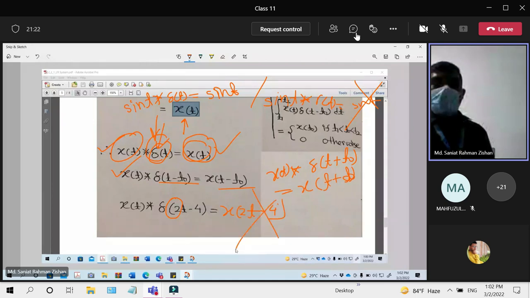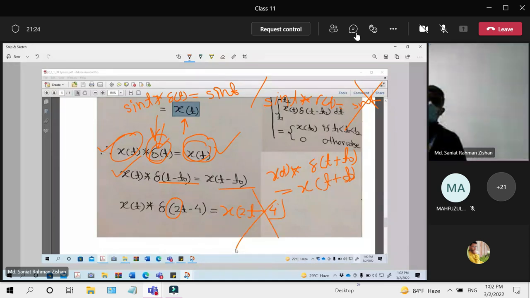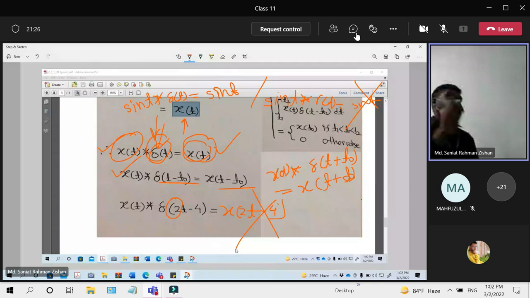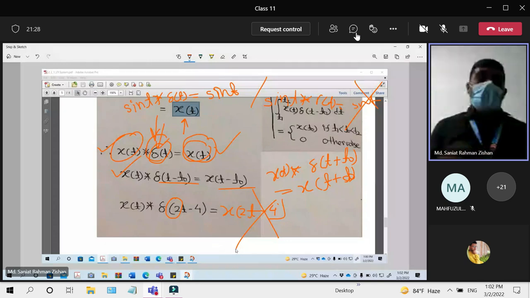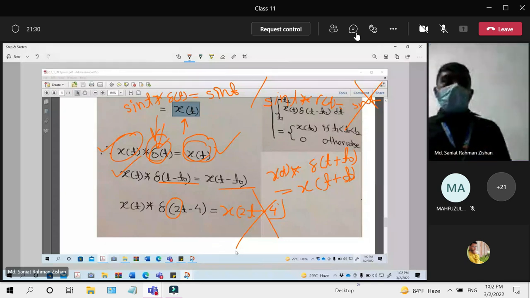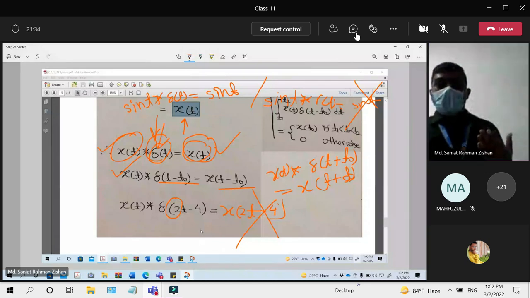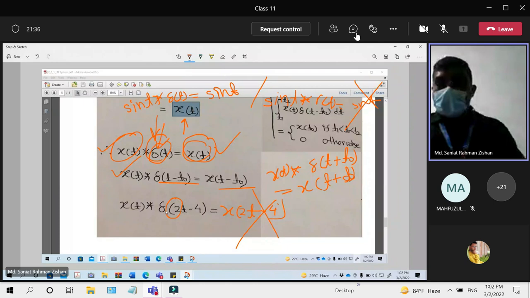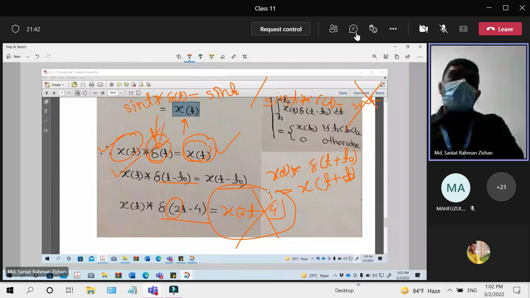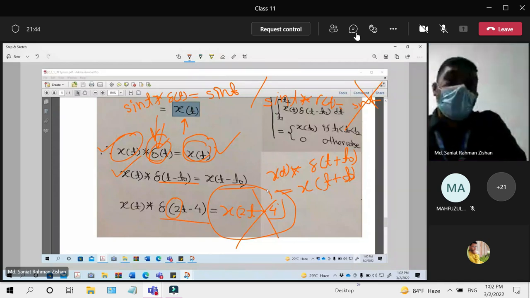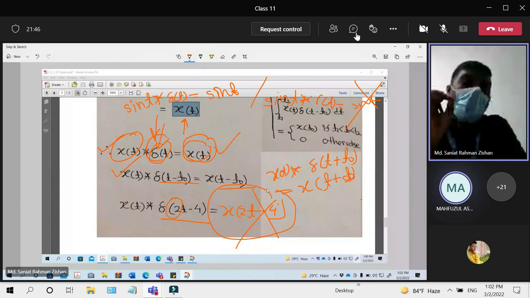That will be a wrong answer. Why is it a wrong answer? Can I get the answer from anyone in the class, online or offline? What is the problem? Can anyone explain why this is wrong?